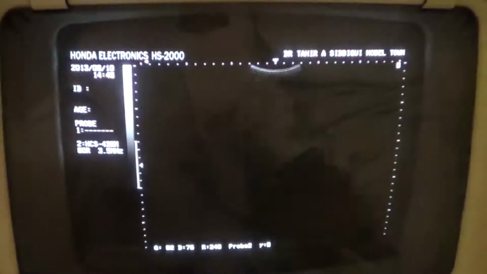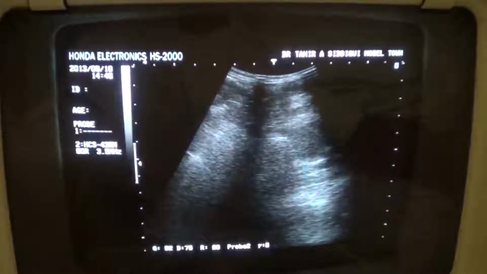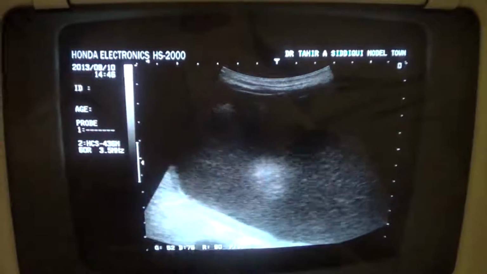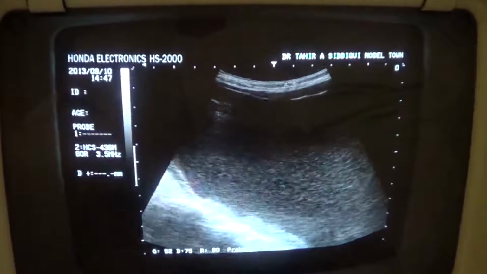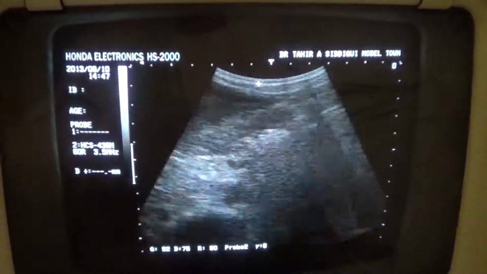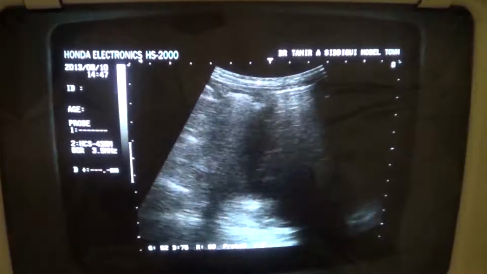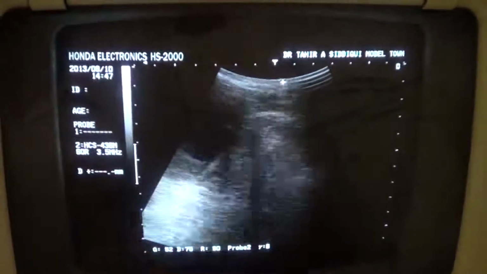Now another important thing to see if this is Prune belly syndrome: note that the anterior abdominal wall fat is not there. Directly skin, a little bit of subcutaneous tissue. This is the skin. Now I am starting from the left upper abdominal quadrant and will be moving the probe down up to the pelvic region.